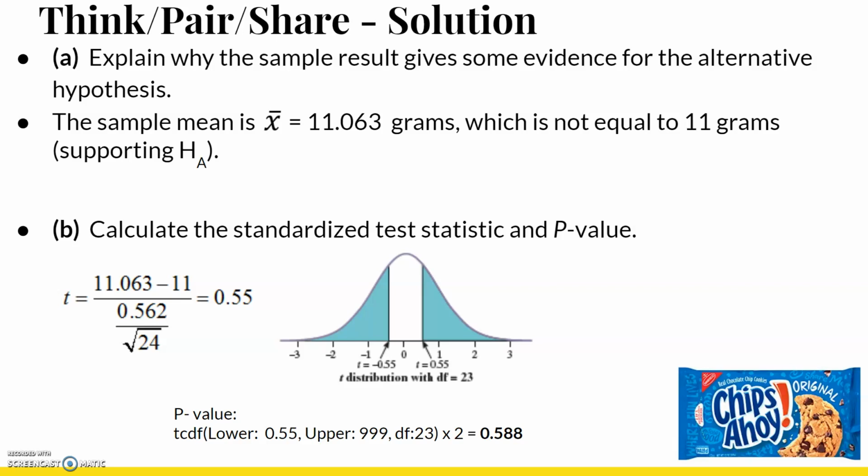This again is a two-sided test, so I'm going to multiply that value by 2, and as you can see, you get an answer of 0.588. That's a pretty high p-value, and we'll get into the conclusion tomorrow. We'll run through the whole SPDC process, and we'll do the whole 4-step problem.